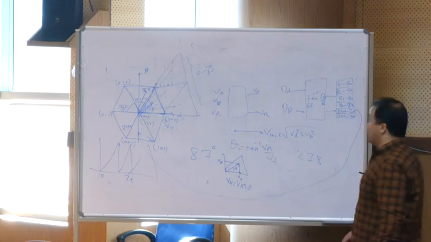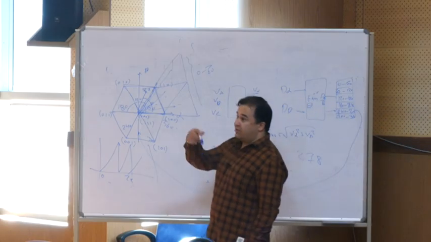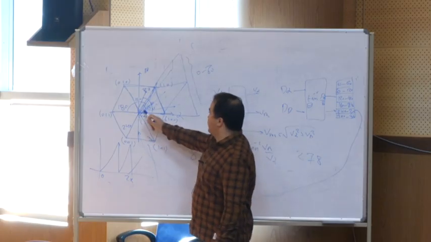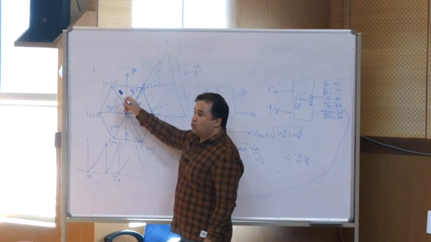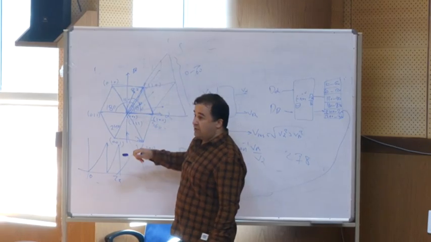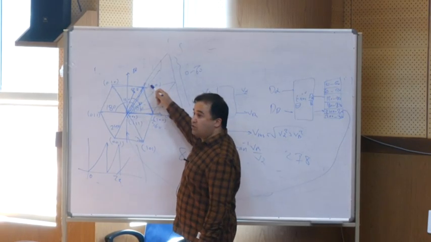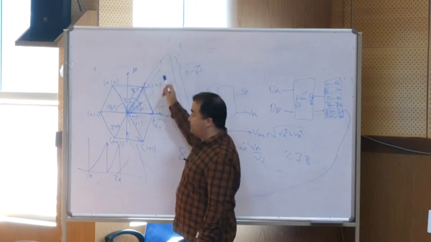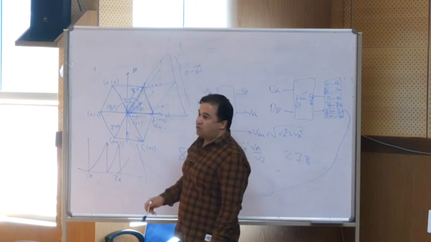Then when you reach, for example, you calculate theta easily, and you see that theta is here. Then you consider whether it is here, here, here. If it is here, the switching time is different, and if it is here, it is also different.